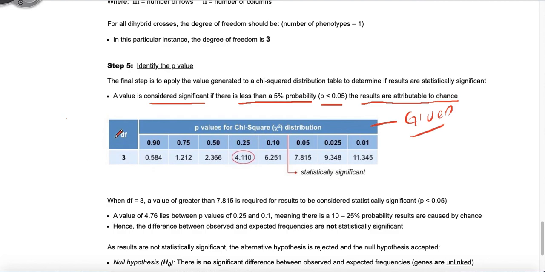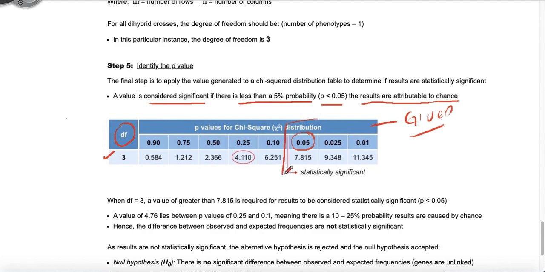So then what we do is we find our degrees of freedom, which is 3, and then we find our value where we're going to consider a 5% probability that the results are attributable to chance. So we're going to look at this value here, right?